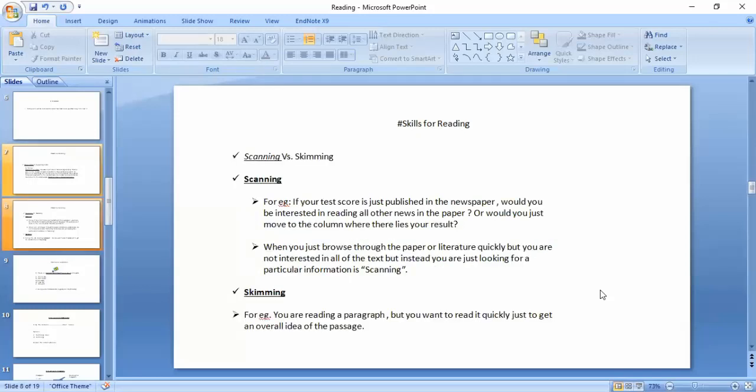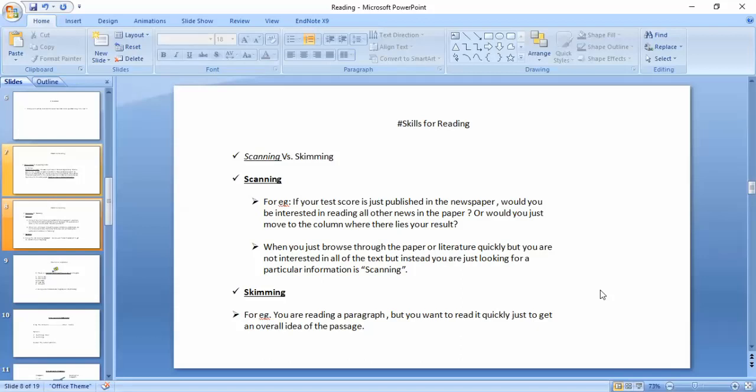Now, other skills required for reading are scanning and skimming. So what is scanning? For example, if your test score is just published in the newspaper, would you be interested in reading all the other news in the paper, or would you just move to the column where your result lies?